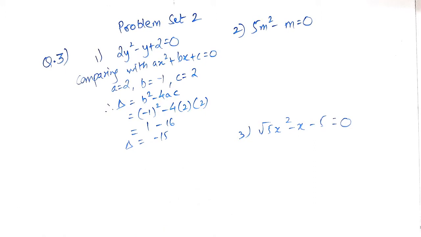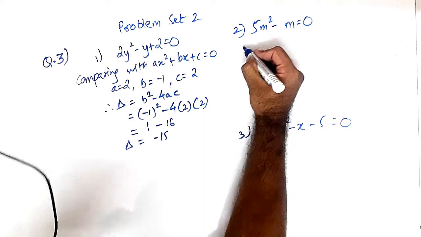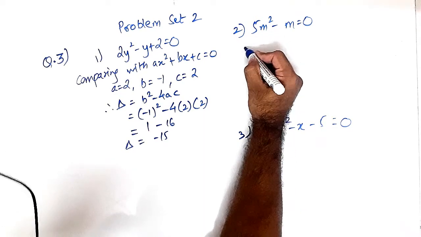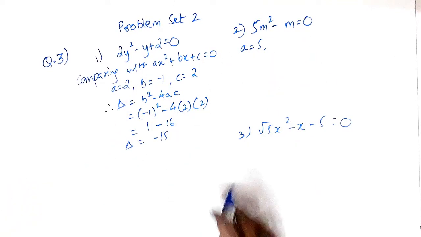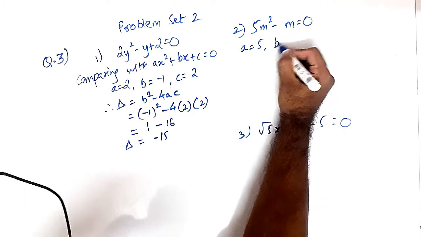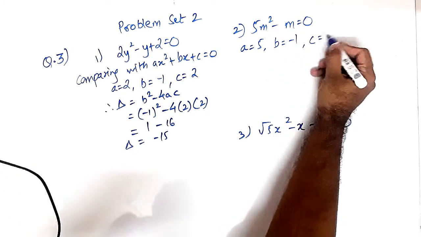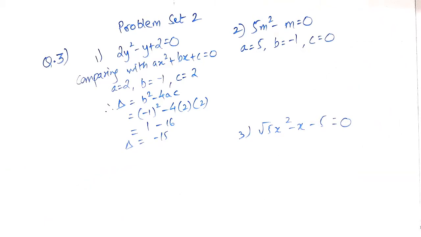Let us come to the second one. So here I'll simply write what is a. A is 5. Comparing with this statement, I'm not writing again and again, as you can understand. A equals 5, b equals minus 1, c is not present here, so I'll write c is 0.